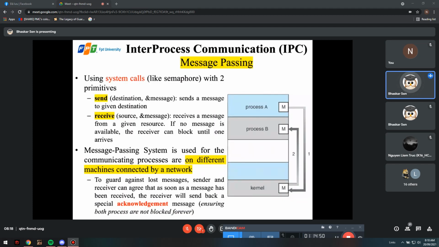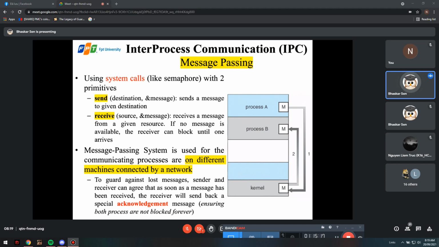Another one that we have is message passing. How do we pass the messages? By constantly passing and interchanging messages, the IPC is also conducted using system calls like semaphore primitives, send and receive.